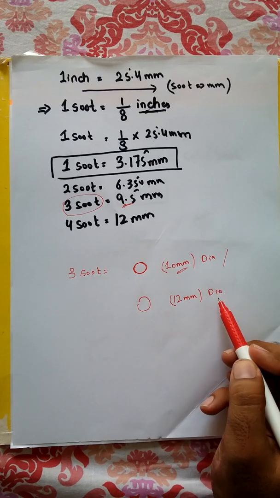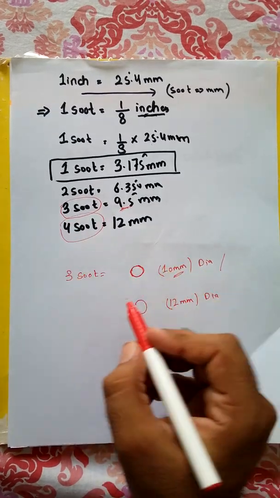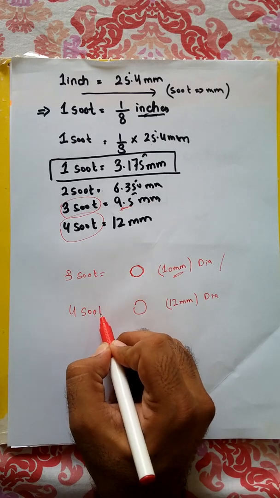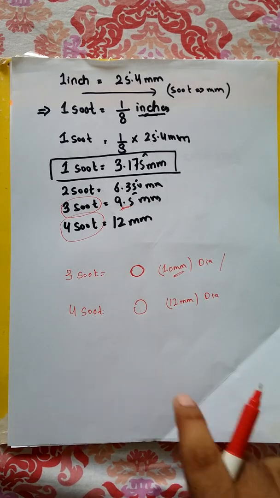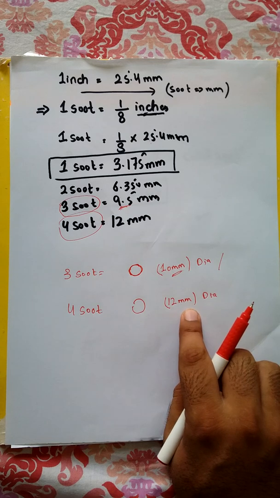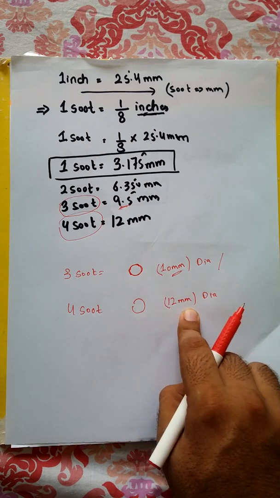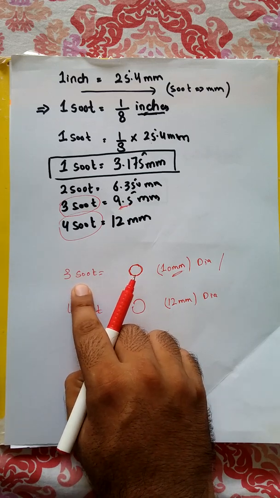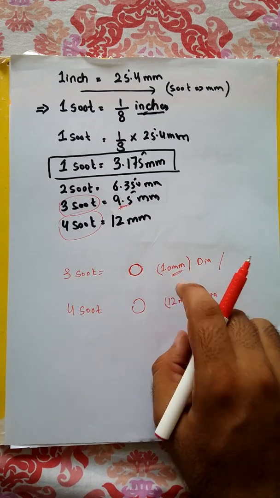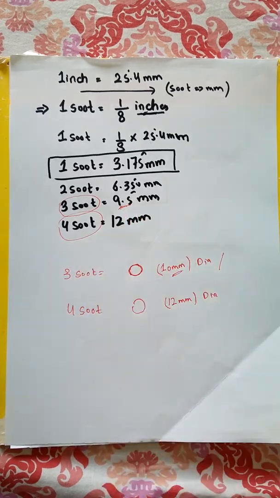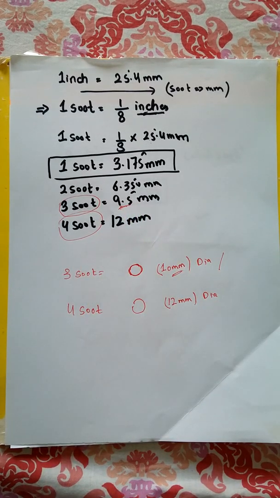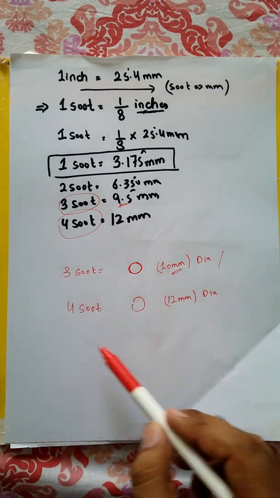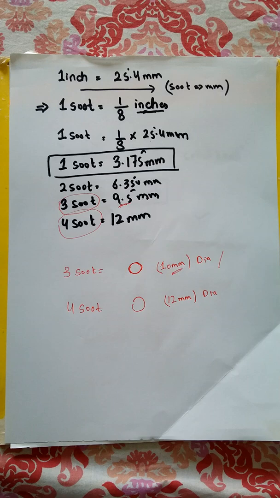Same as 12 mm dia means 4 suth. If you ask the steel fixer to cut a 4 suth bar, he will understand it means 12 mm. He will cut a 12 mm bar. If you tell them cut a 3 suth bar, he will cut 10 mm dia, because these people understand suth. They mostly do not understand millimeter and inches. So these are the factors and values that you must know while working on site.